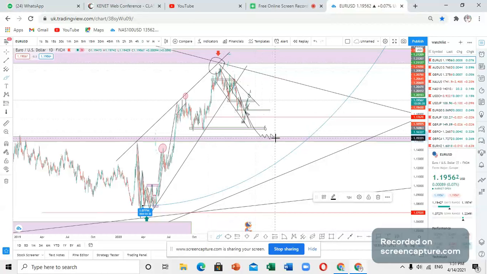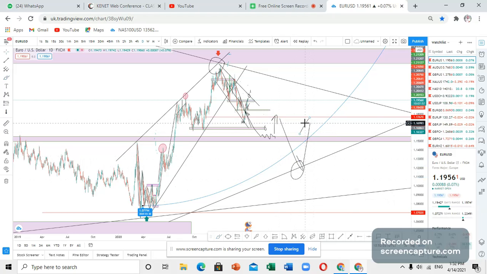Remember, this may act as a point of support, and the market may go for a retest to this position for them to later on move to the downside. From this point, I'm expecting the market to move up. That's a general view from a daily time frame.